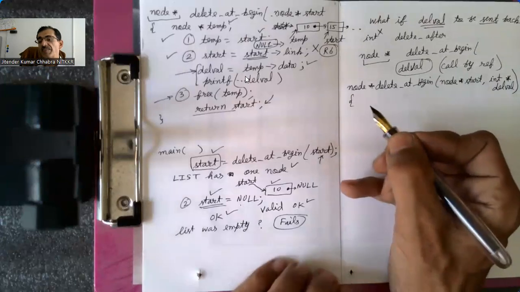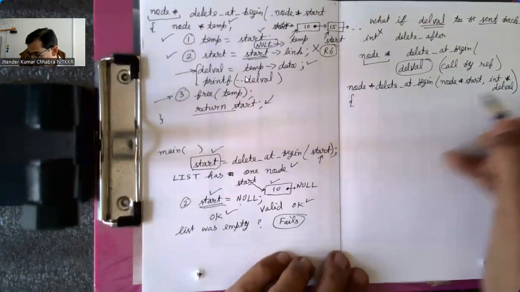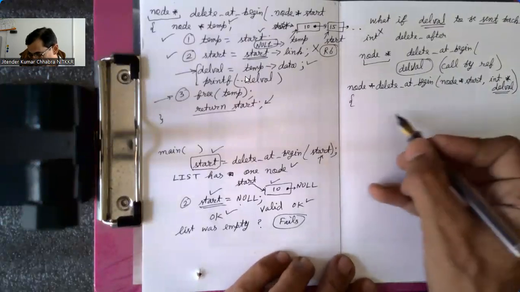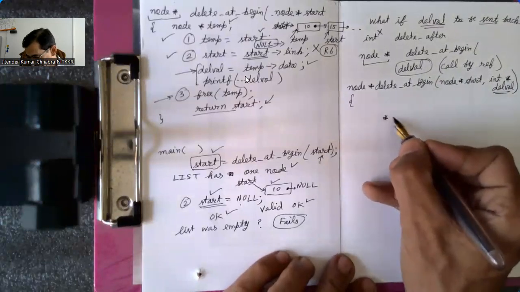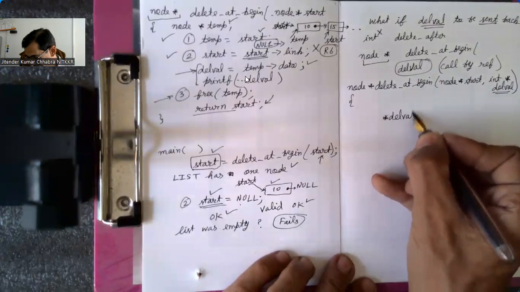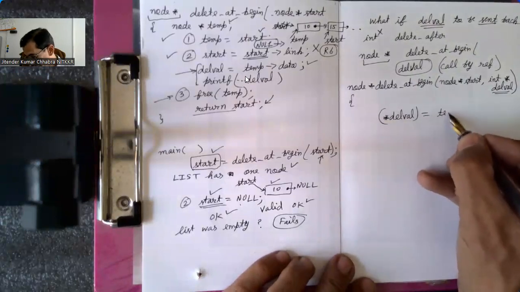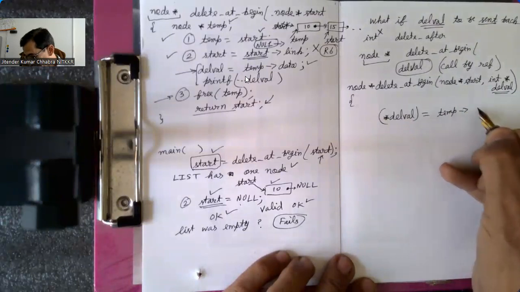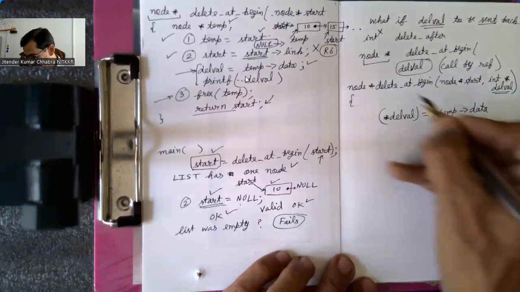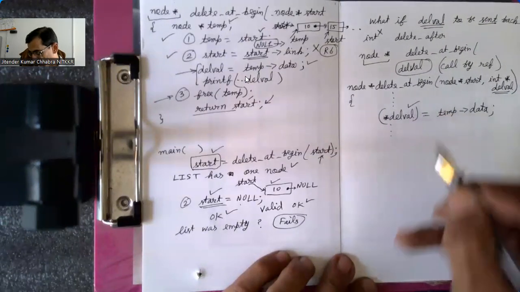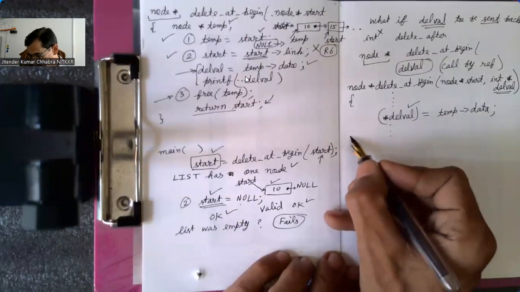This is a value which is sent via pointer. So effectively, I will require star del val to be assigned equal to temp arrow data, along with all the other remaining steps we have done. This step will make the data be returned.